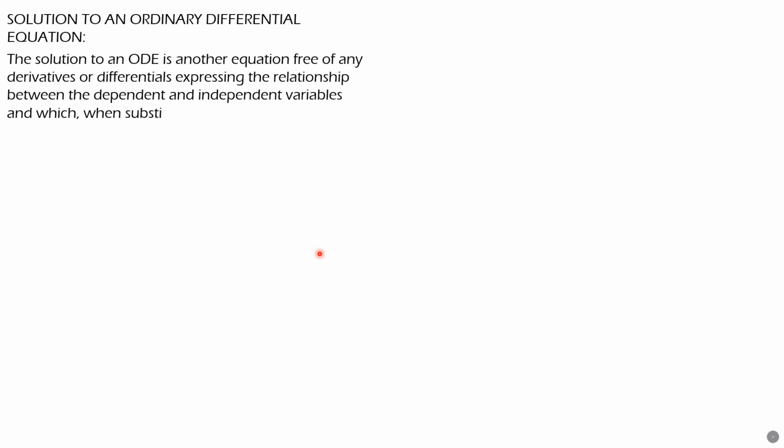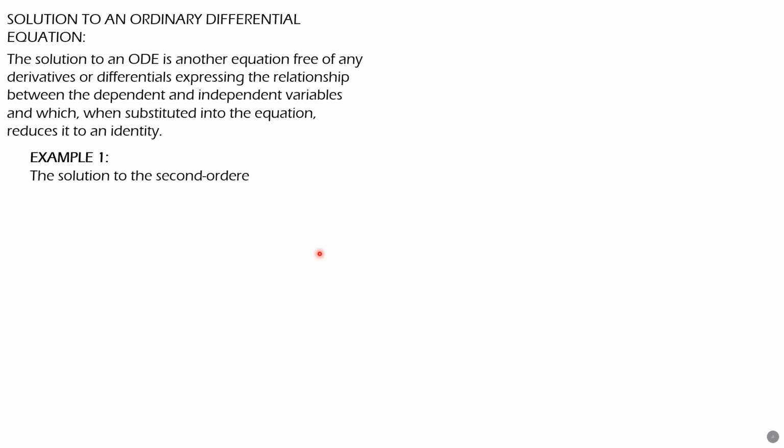Meaning, the technique for the solution is you just master differentiation, and after that we obtain the derivatives. So if it is second order, second derivative, and when substituted into the original equation, it will reduce to an identity.